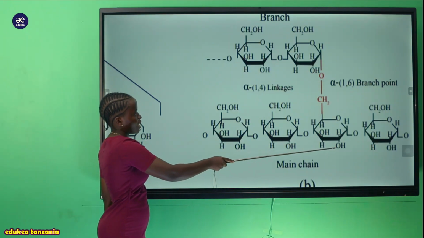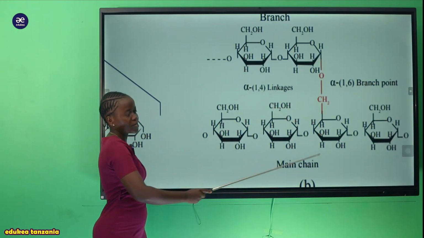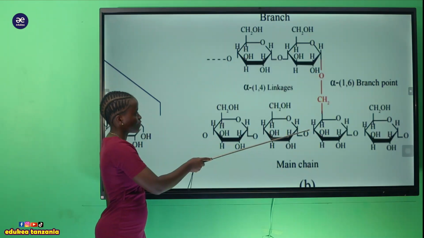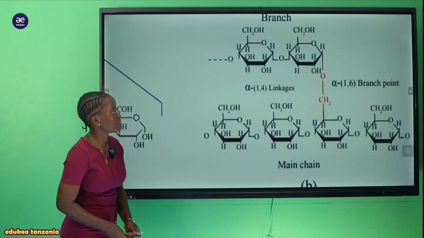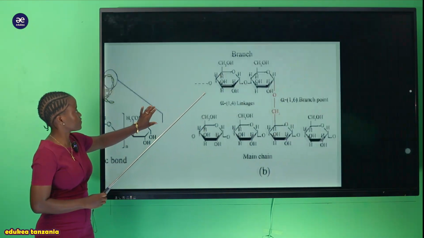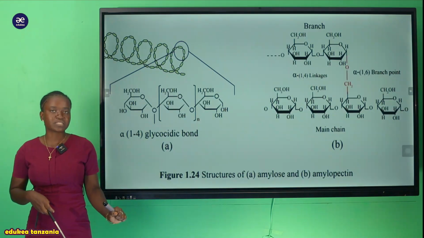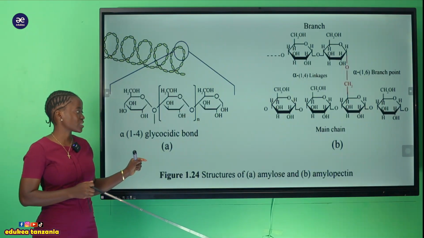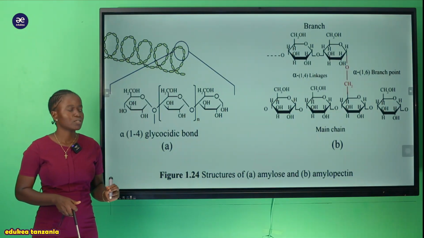Alafu sasa kuna hii glucose molecule ambapo sasa imecontribute to the formation of 1,6. Started counting from here. This is 1, 2, 3, 4, 5, 6. Ikatengeneza this bond ambayo inaitwa 1,6 glycosidic bond. So now you can see it is very important for you, my student, to notice the difference in the glycosidic bonds between the amylose and the amylopectin in their structure.